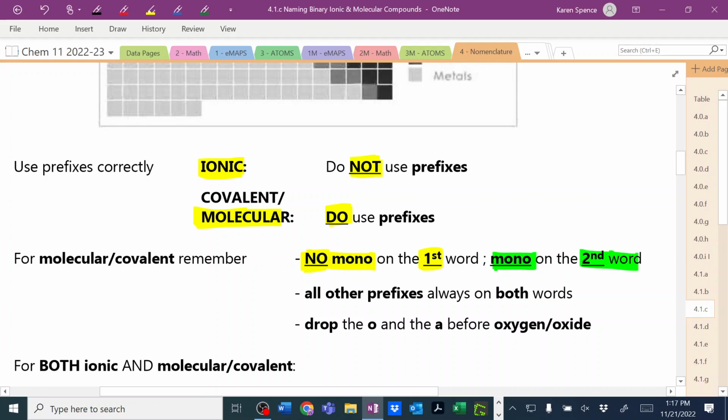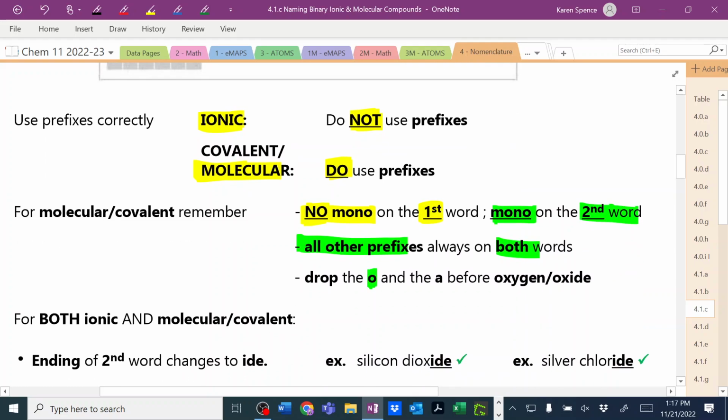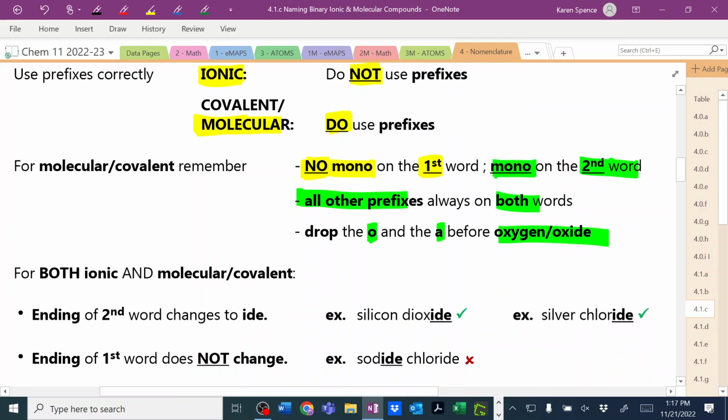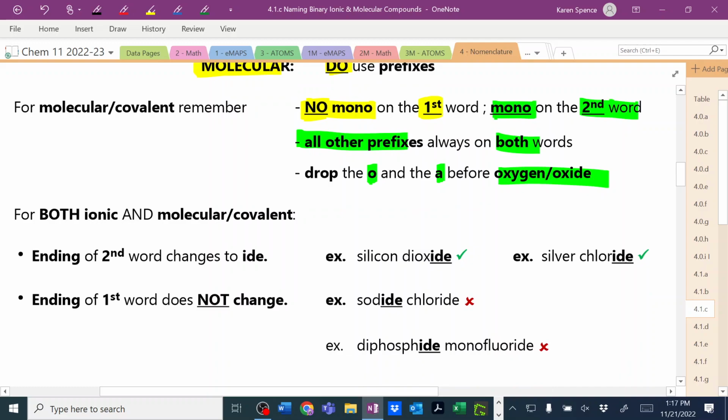All other prefixes are on both words. And you drop the O and the A only before oxygen and oxide. For both ionic and molecular or covalent, the ending of the second word changes to "ide," but the ending of the first word does not change.